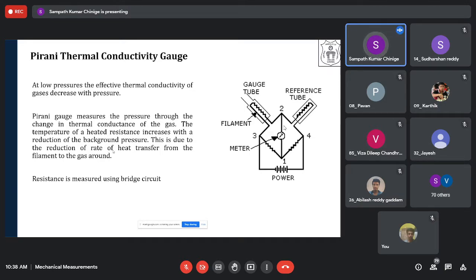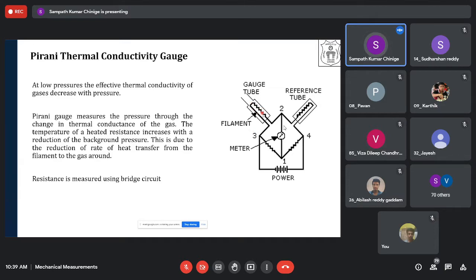In general, we have a filament. Okay, I'm taking a filament over here. Filament means some material which can be heated, which can be a resistive element. So what happens is when you send current through it, because of its resistance, it develops heat.